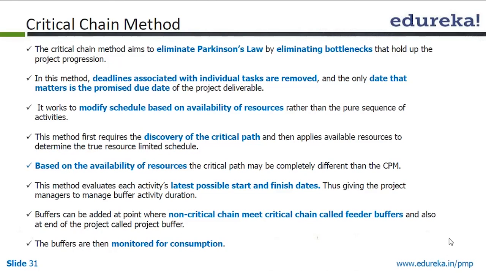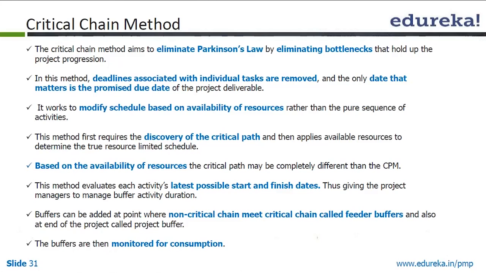We have looked at critical chain method, which we explained at the beginning of the session today. It aims at eliminating Parkinson's law and student syndrome. It also eliminates bottlenecks that hold up the project progression. So in this method, deadlines associated with individual tasks are removed, and the only date that matters is the promised due date of the project deliverable.